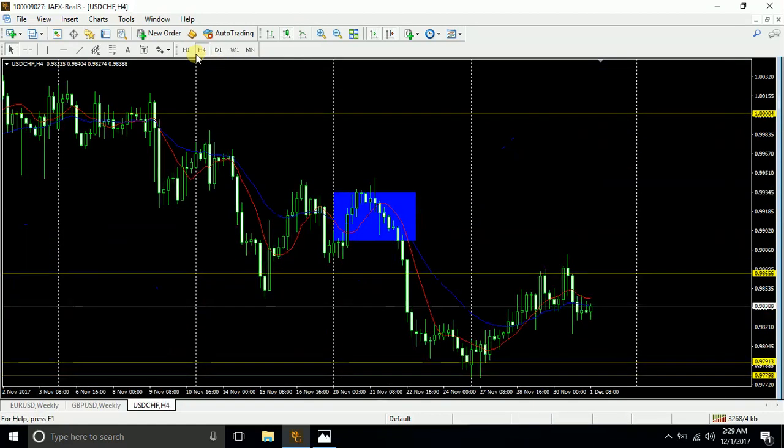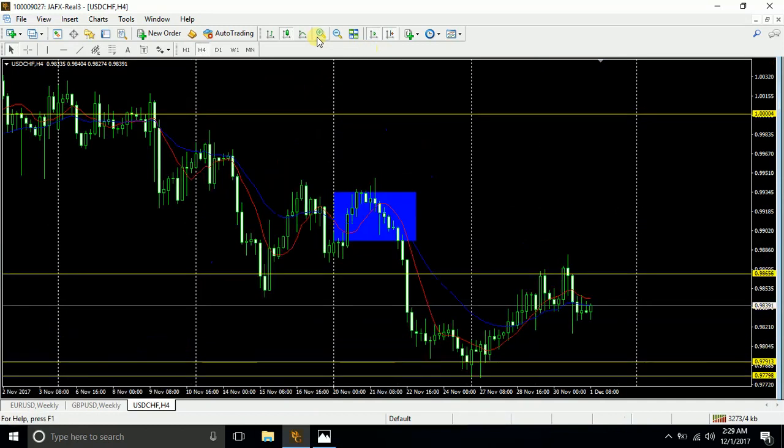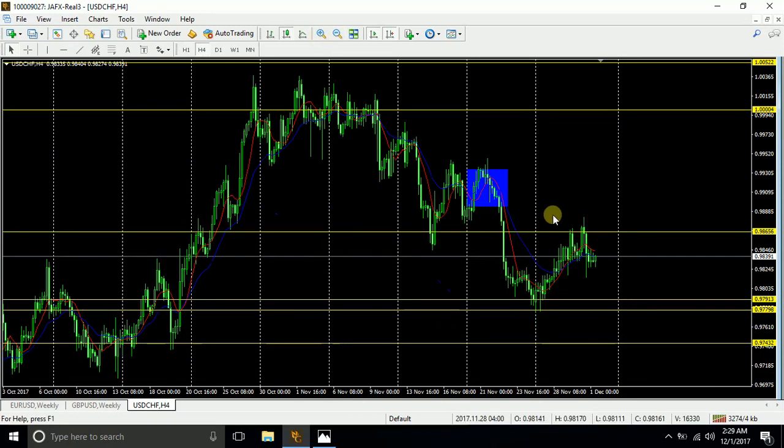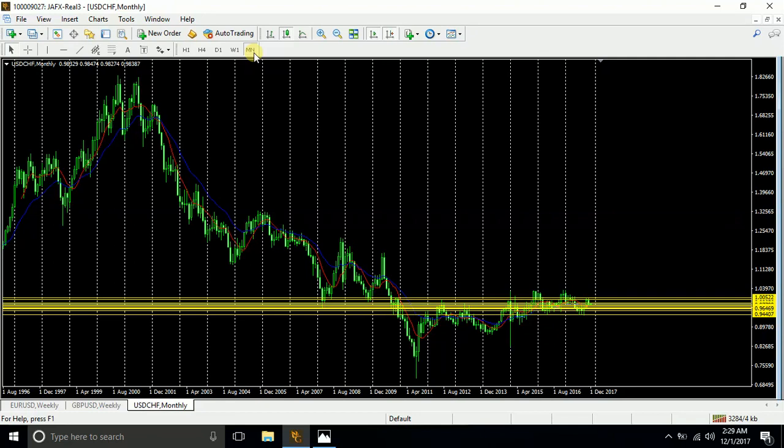But let's go to the 4 hour. 4 hour is where we're looking for our trade entries. Okay. So here we have a double top on the 4 hour chart. Let's go ahead and draw a trend line.